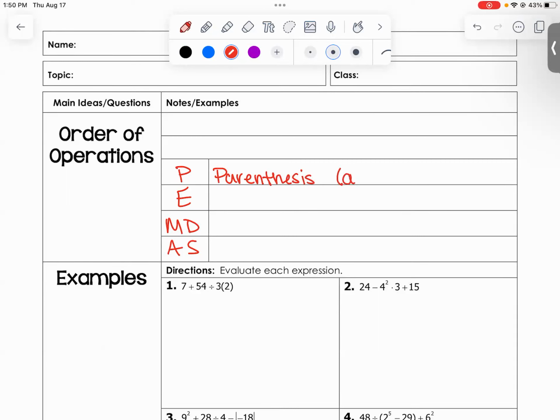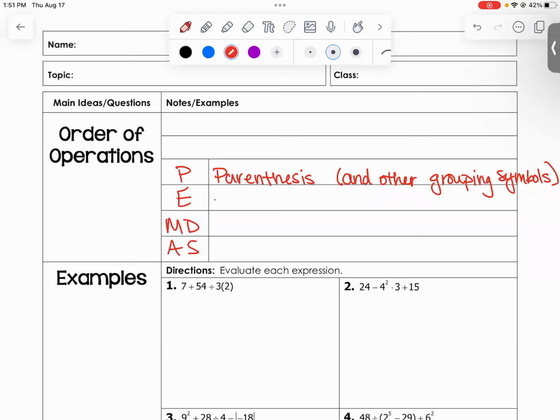Okay. It says parentheses, but there's also other grouping symbols. There's brackets. If there's absolute values, we have to do what's inside the absolute value first. That's kind of a grouping symbol. Okay, Brooks.